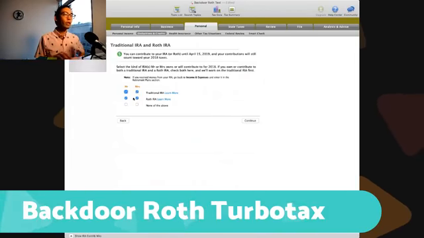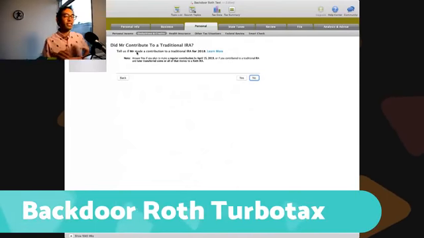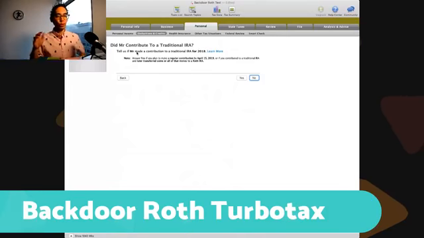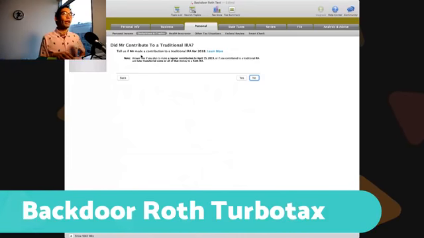So Mr. and Mrs. both have a traditional and a Roth IRA. Hit continue. It asks some basic questions, and one of the things I don't like about TurboTax is that if you ever go back to a section, you have to go through all the questions again. But anyhow, we're going to walk through them.